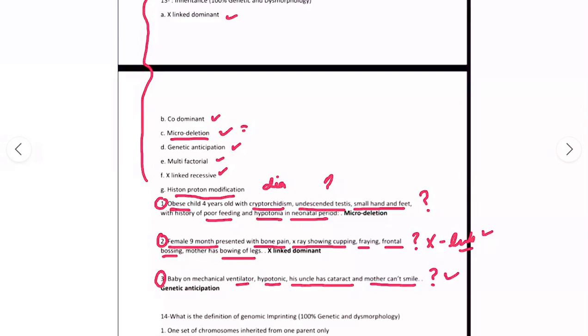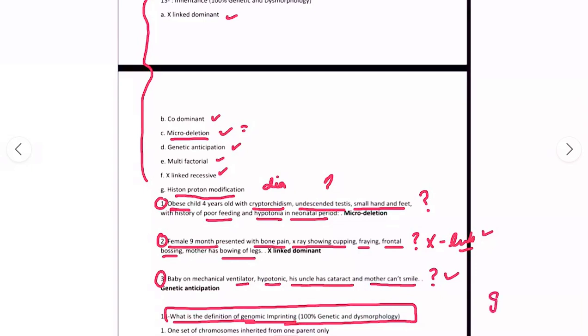Next is coming. What is the definition of genomic imprinting? Now see here. One set of the chromosome inherited from one parent only. Methylation to change expression of the gene. Environmental factors, epigenetic from one parent. So what is epigenetic?